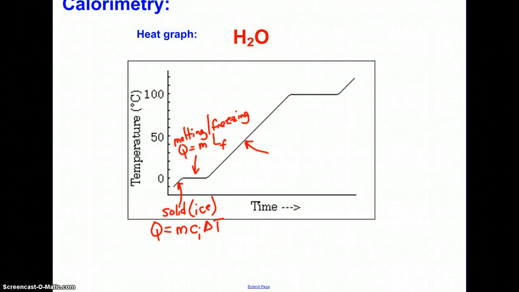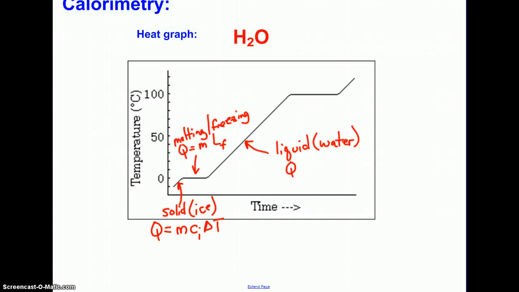In our next stage, we're obviously increasing the temperature of the H2O, and now we've changed over to being in a liquid state. This is typically, of course, what we call water. How do we calculate the heat added or gained by the H2O during this process?